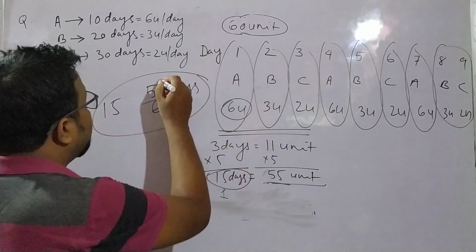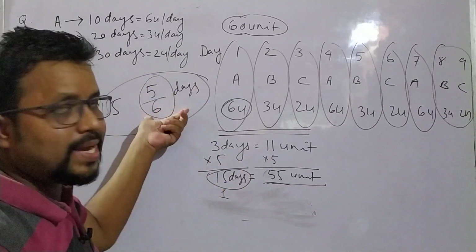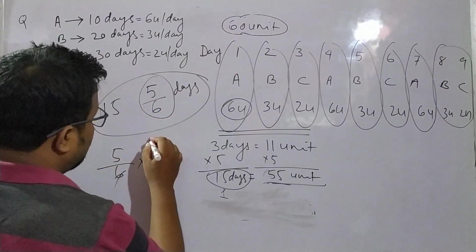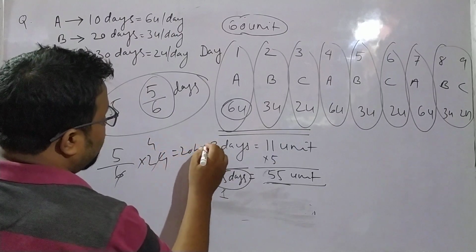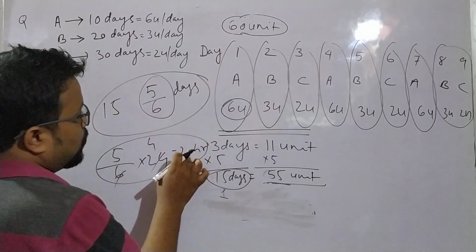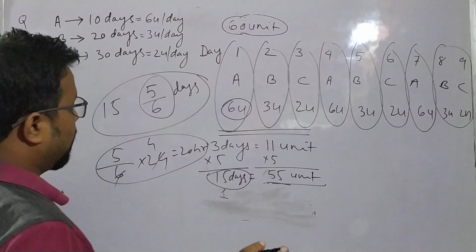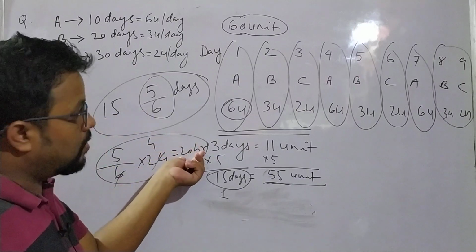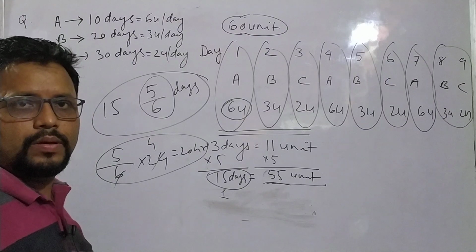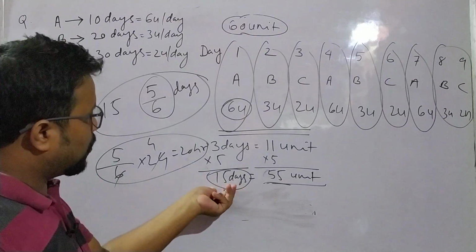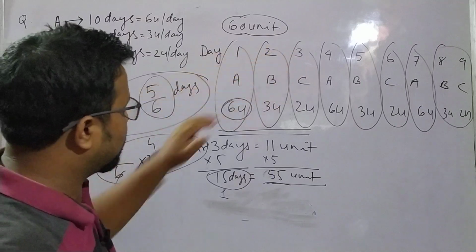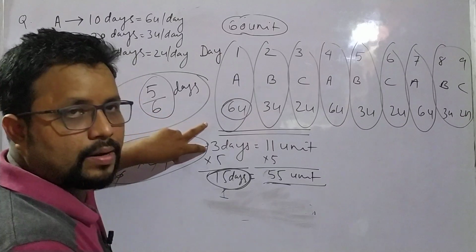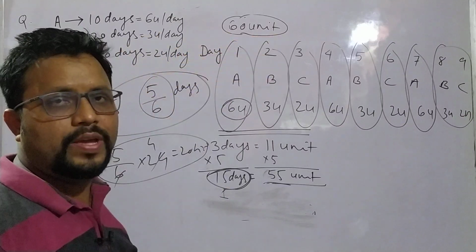A will work 5 by 6 of a day. 5 by 6 days means 5 by 6 into 24, so 20 hours. So 15 days, 20 hours is needed to complete the whole work. Not A alone, but A, B, C together. Everyone will work 15 days, 20 hours, so that the 60 units will be finished.